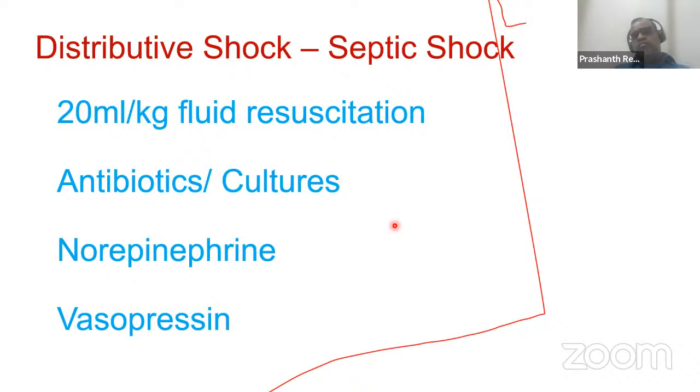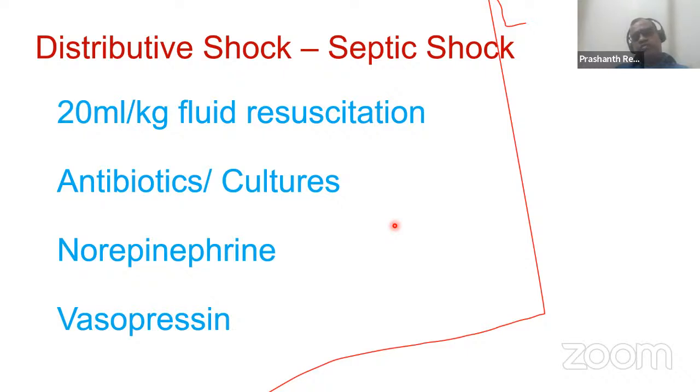The initial management would be fluid resuscitation with about 30 ml per kg of fluids. Then antibiotics, and cultures have to be sent. Here, the preferred agents are norepinephrine and vasopressin. If you start dobutamine or low-dose adrenaline, it is going to further deteriorate the condition, so it is always better to start with norepinephrine.